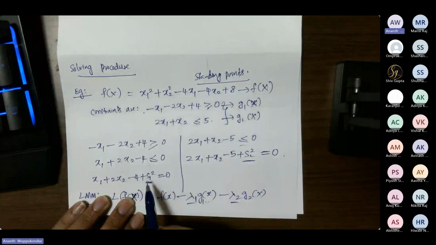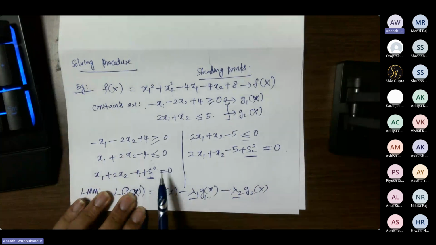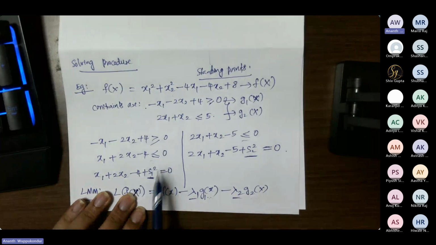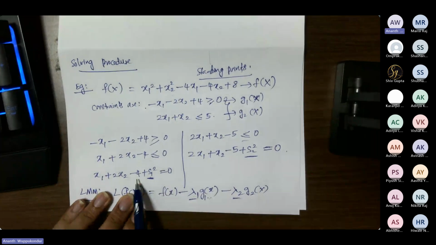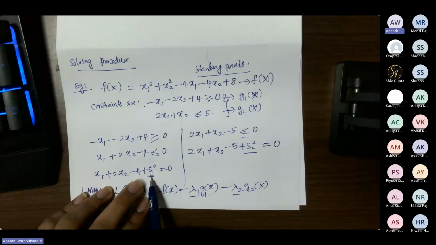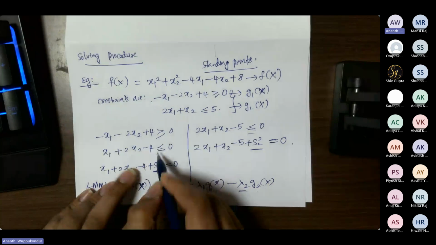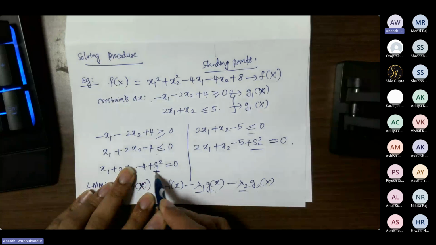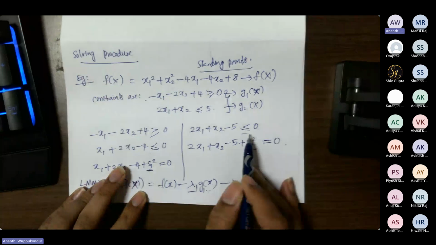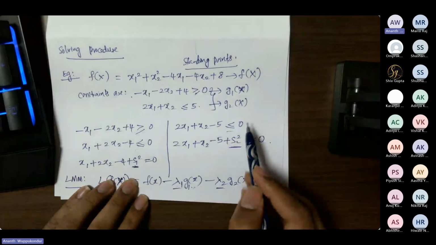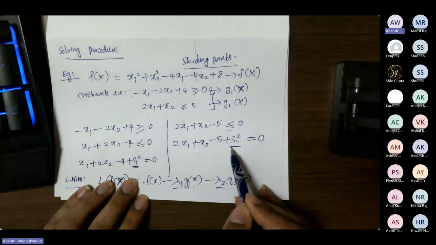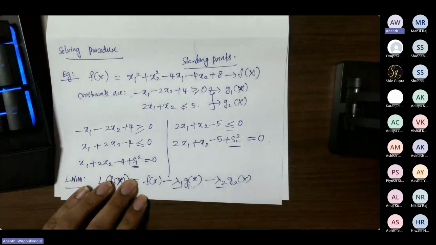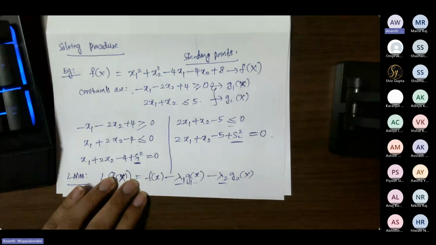To do so, if it is more than or equal to 0, then we simply take the negative of the whole function and add s1 square. Similarly here, for this function, when we add a certain value, that becomes equal to 0. So the inequality we are converting into equality.